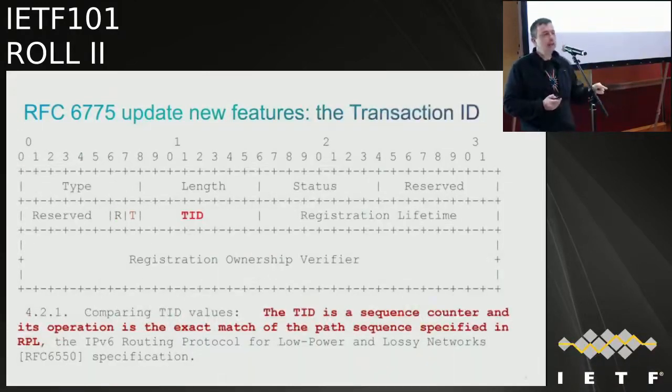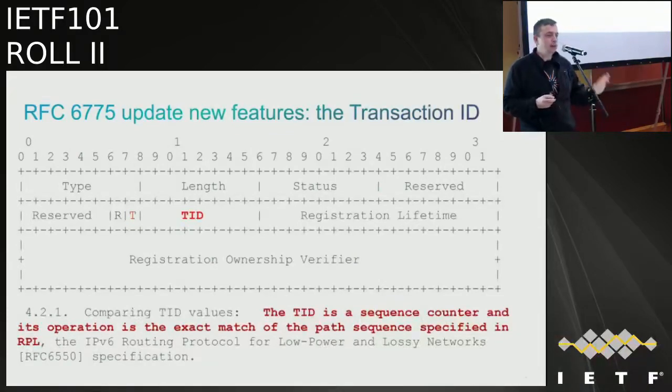The TID is a sequence counter. Actually, the text in the specification is copied out of RPL because we want the implementation to be simple with the most deployed current protocol. So we said, let's have the exact emulation of the RPL sequence counter handling, which is an info in the transit option and is called the path sequence.